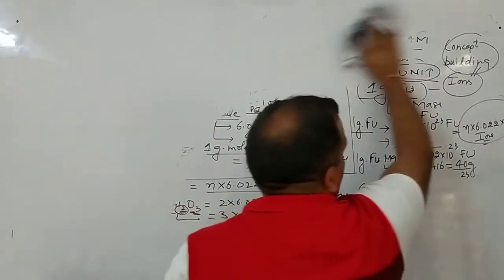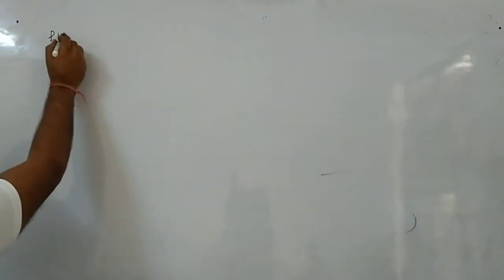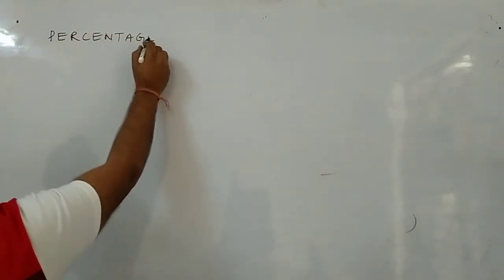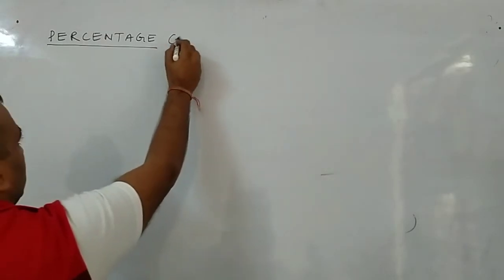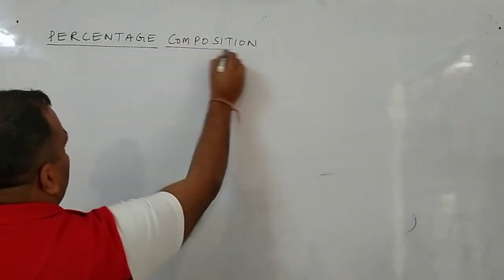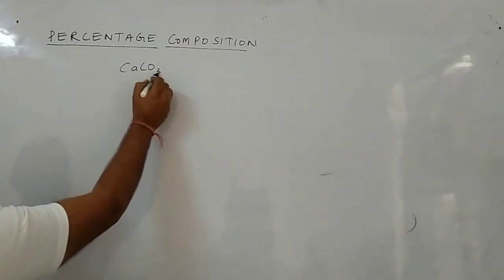Just see how today's next topic is percentage composition. What is the meaning of this? Just see beta. Suppose I am having a compound CaCO3.